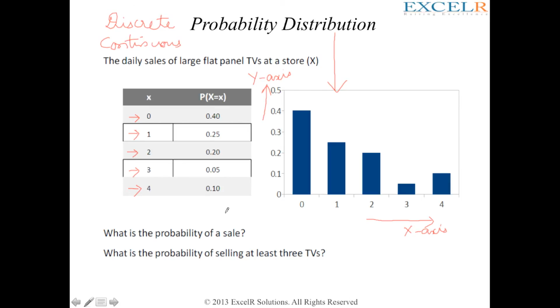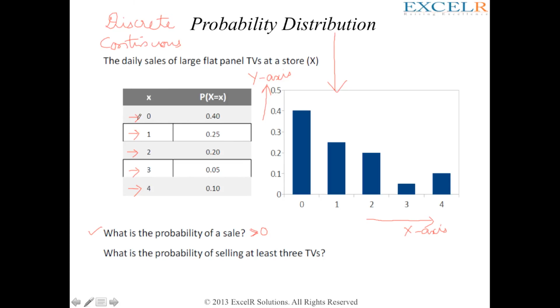Okay, now let us try to solve this and then let us move on further. What is the probability of a sale? Probability of a sale meaning if I sell greater than 0 television sets, that is if I sell at least 1 television set, that is called as a sale. I'm selling something. What are those possible events?